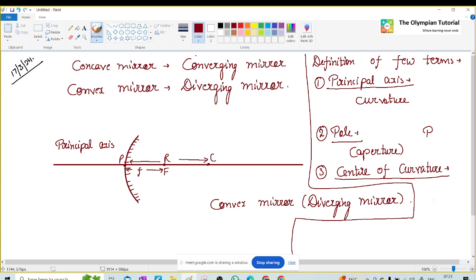Spelling of center, CENTRE. This point is called the center of curvature of the spherical mirror.